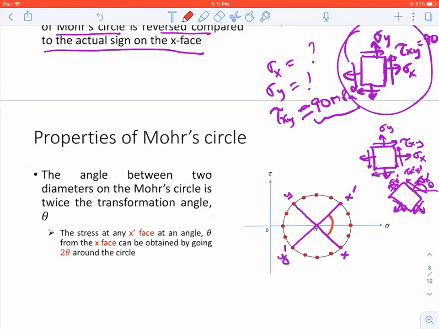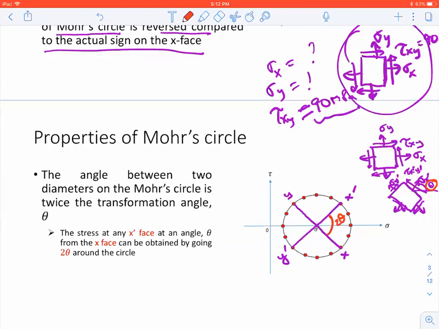This is the angle. The angle of transformation was theta. Remember, I rotated this by theta. But on the Mohr circle, the angle of rotation is going to be twice the actual rotation. So you're going to see 2 theta. This is something we have to remember. On the Mohr circle, the angle of transformation appears twice the actual angle of transformation.